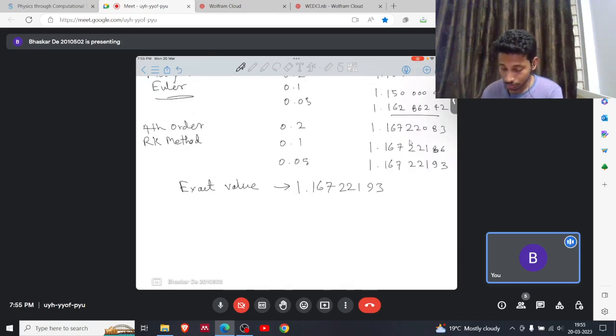And the fourth order Runge-Kutta method, when we use h as 0.2, we get 1.16722, and when we use 0.05 we get the exact value.